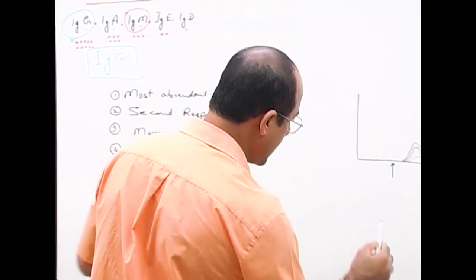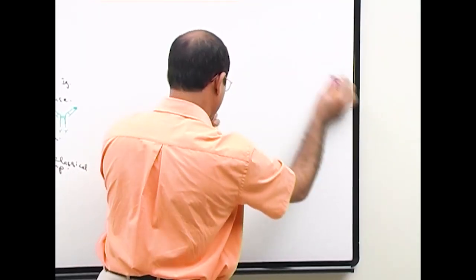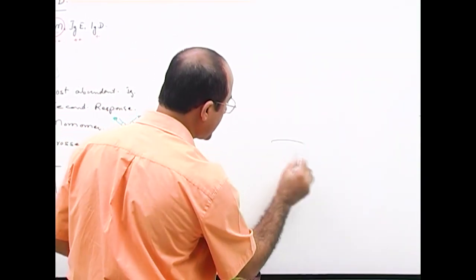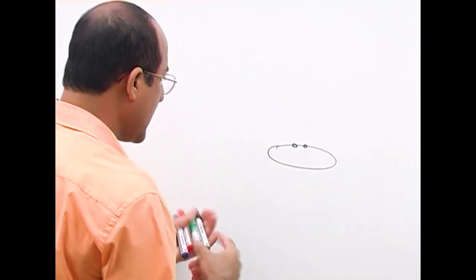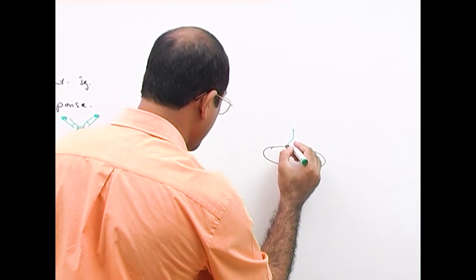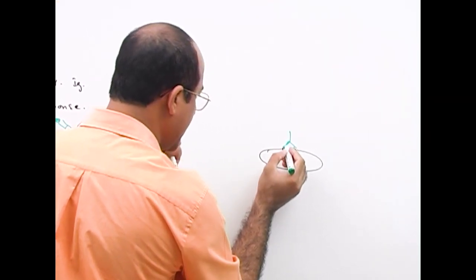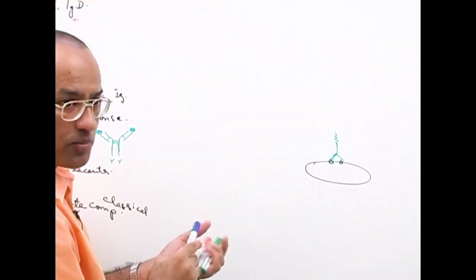Let's suppose here is a bacteria and these are bacterial antigens and you have IgG antibody. As soon as the IgG antibody binds with the antigen, its Fc portion becomes active and now it can activate complement.